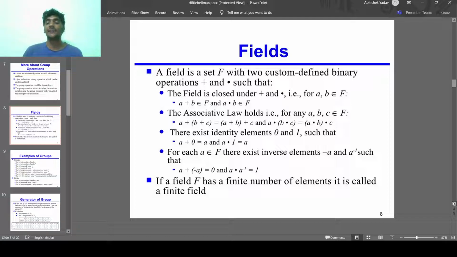So basically, if an element is performed a binary operation with its inverse, then we'll get the identity element of the group.